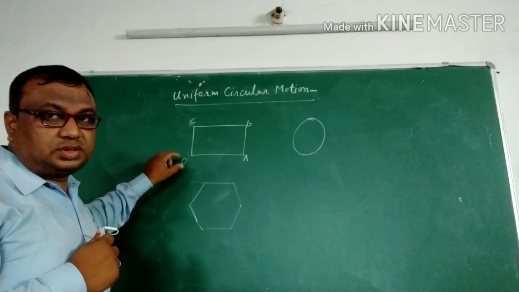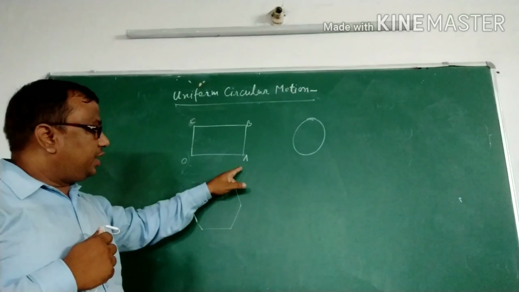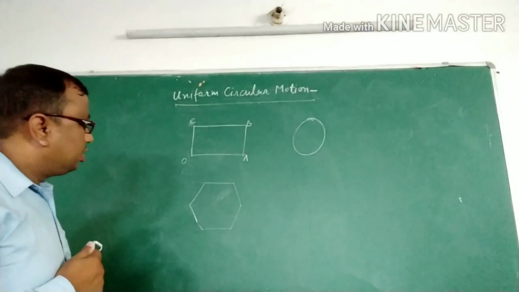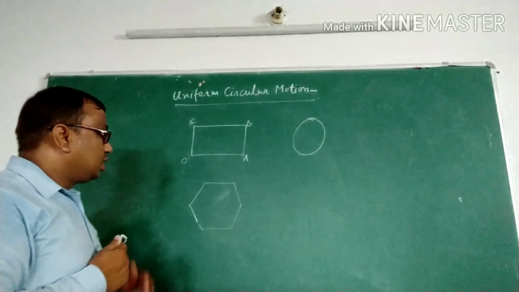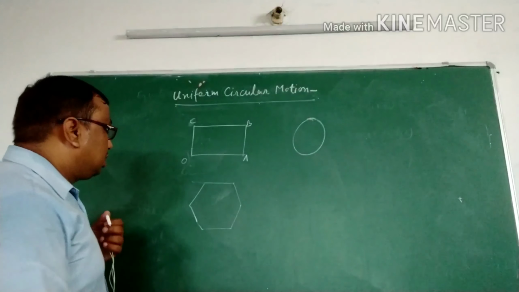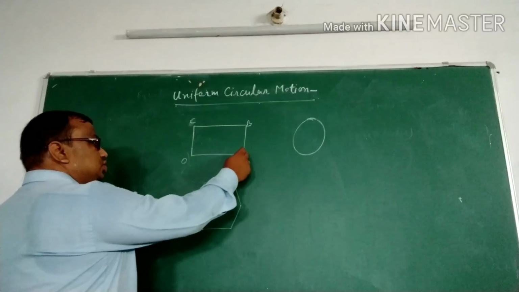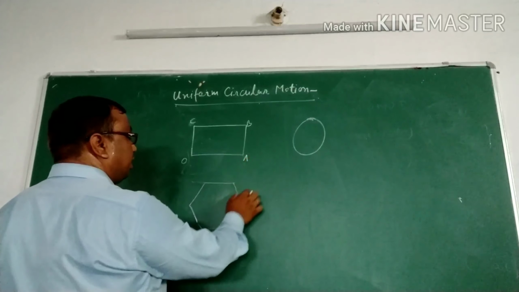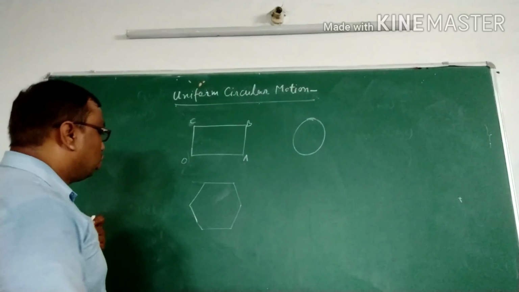Then he reached his original position. In this trajectory he changed his direction at points A, B, and C, and reached his original position O.